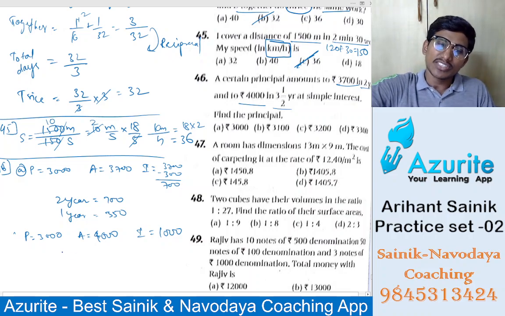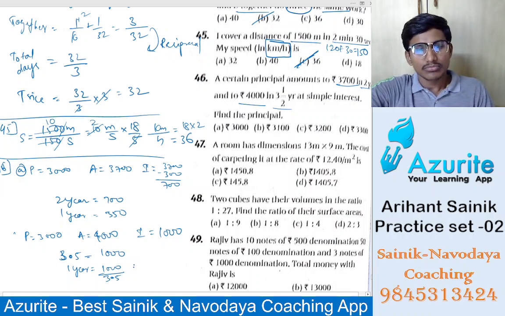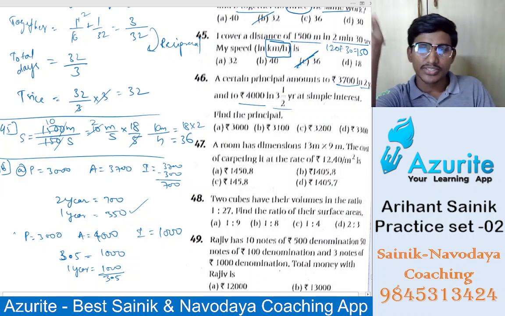And time is how much? 3.5 years is 1,000. 1 year will be 1,000 by 3.5. We cannot divide because it will come in the 7 table, so it will not be 350. So we have to go with other options.